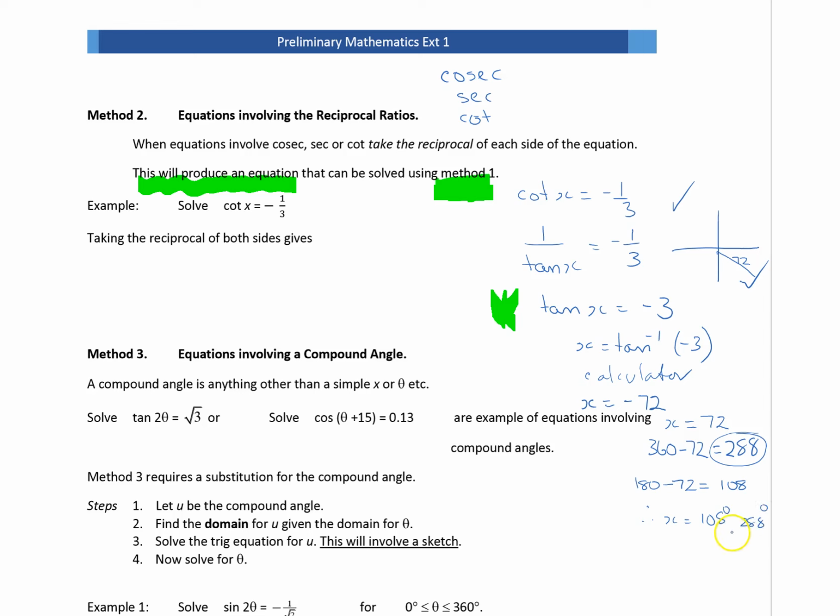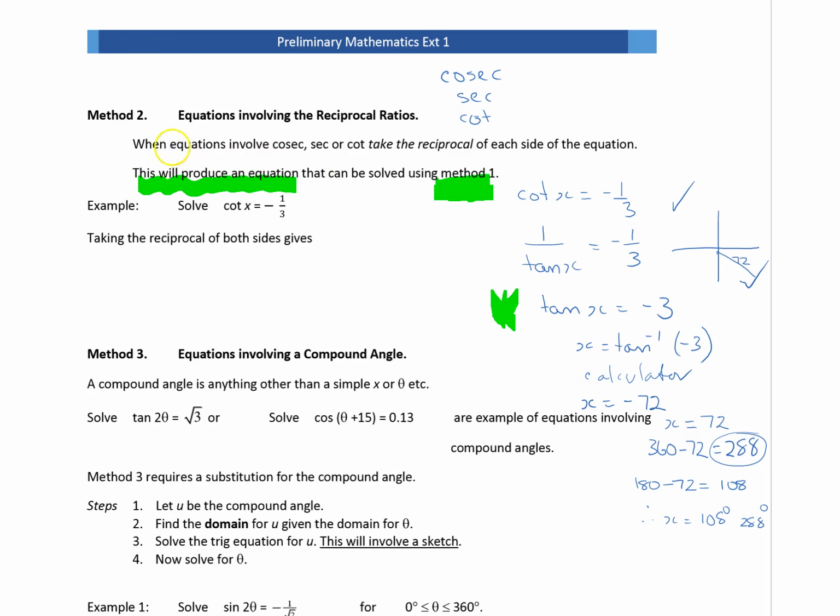And what you can always do is find the tan of that angle, tan of 108, and raise it to the power -1, which will give you the reciprocal, and see if you get -1/3. I'm going to stop the video there.